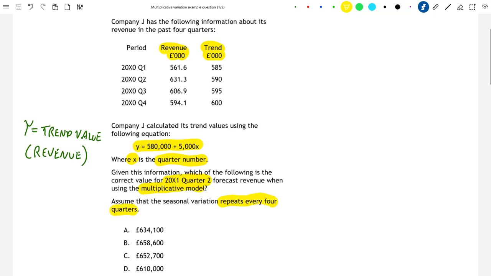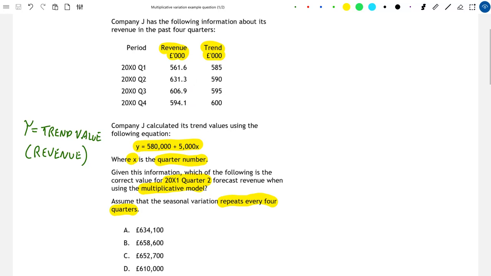So let's look back at our table of information to see what the question is asking us to do. If we look at our table of historical revenue information for Company J, we can see that the trend value doesn't always reflect the actual value for revenues that have happened in the year 20x0.